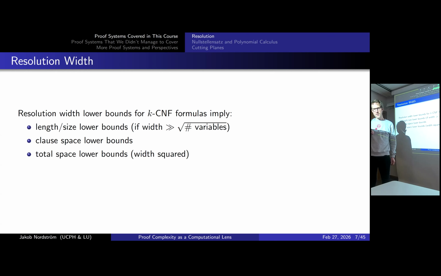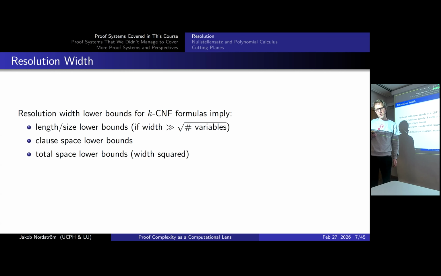What is more surprising is that if we focus on k-CNF formulas for simplicity, then width lower bounds immediately yield clause space lower bounds, and even width squared is a lower bound on total space, where you count the total number of literals. The width has great explanatory power.